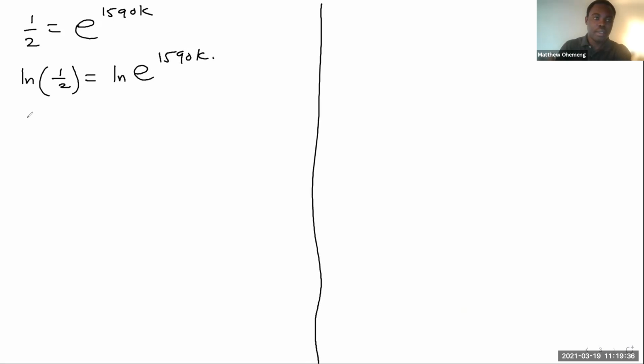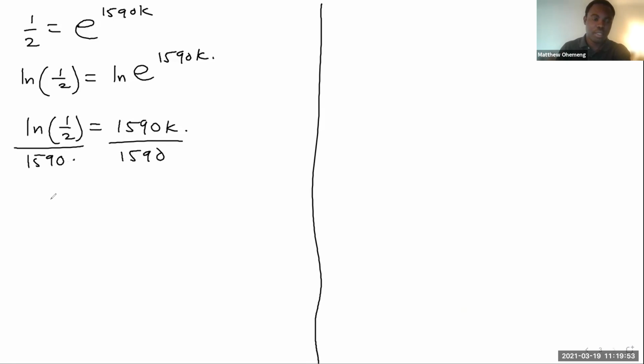If you take ln of e to a power, it's just that power, so 1590k. Then to solve for k, divide both sides by 1590. So you end up with k equal to 1/1590 times ln of 1/2. And then you're done.